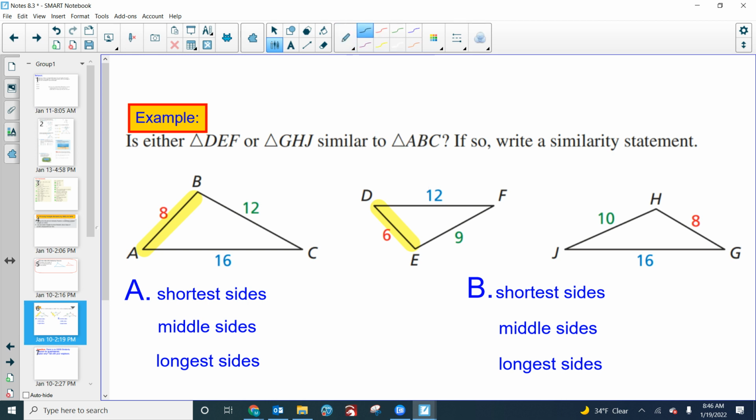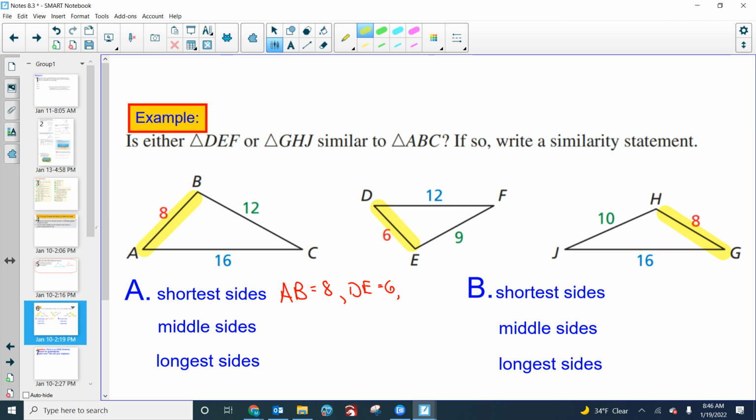When we go to list the shortest sides, in ABC, it's AB, and AB is 8. In DEF, it's DE, and DE is 6. And in GHJ, what's the shortest side? What's the corresponding side? GH. Good.